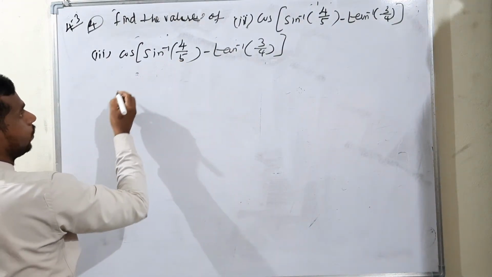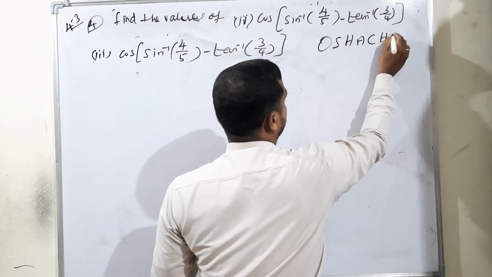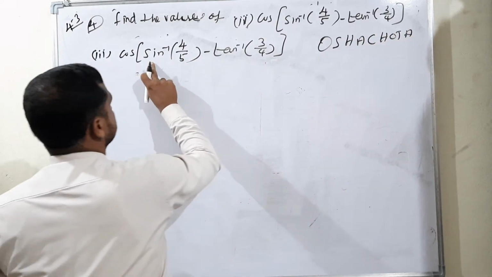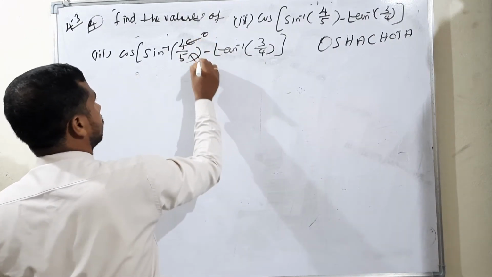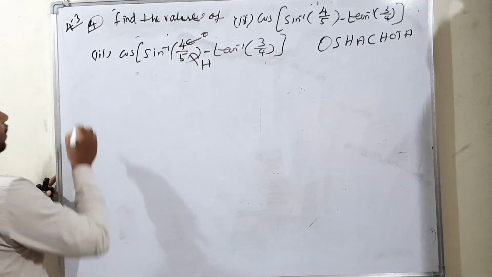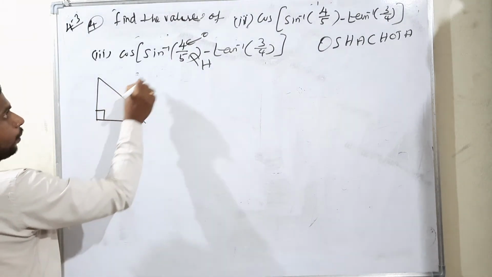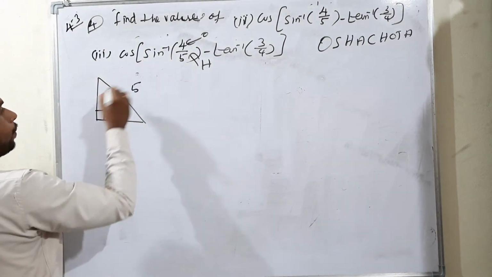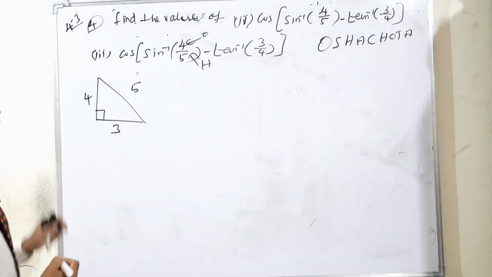So, sin inverse 4 by 5, according to the right angle triangle, sin inverse means opposite divided by hypotenuse. This is called opposite, this is called hypotenuse. In the right angle triangle, the hypotenuse value will be 5, opposite value will be 4, so adjacent we can show value will be 3.